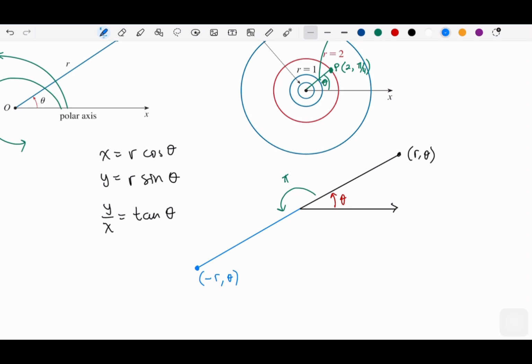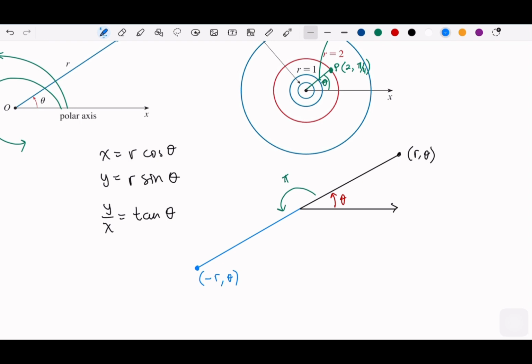When you add pi in your trigonometric system, you move the point. For example, sine is positive in the first and second quadrants. If you add pi, it will shift to the third or fourth. Got it?